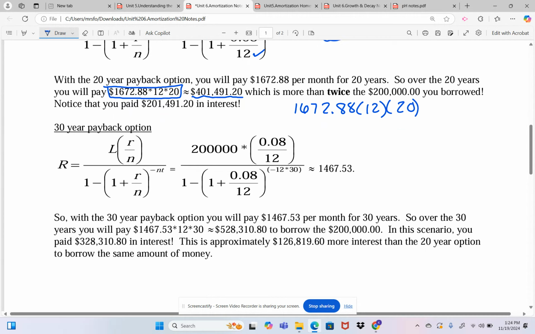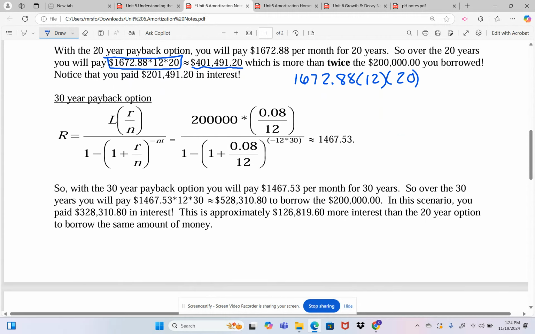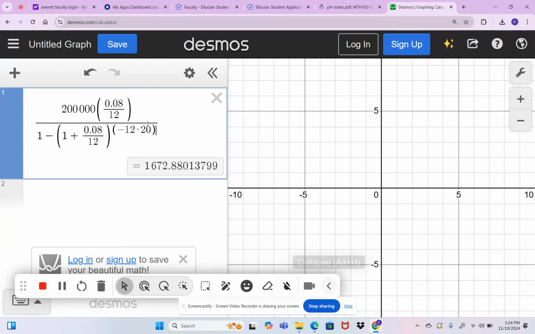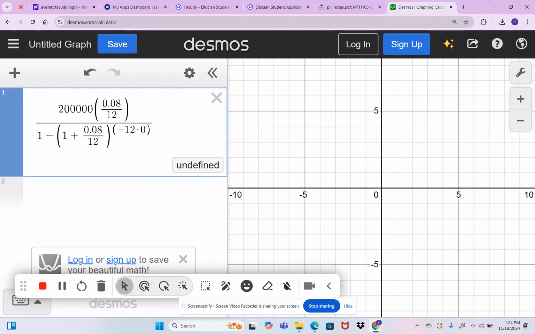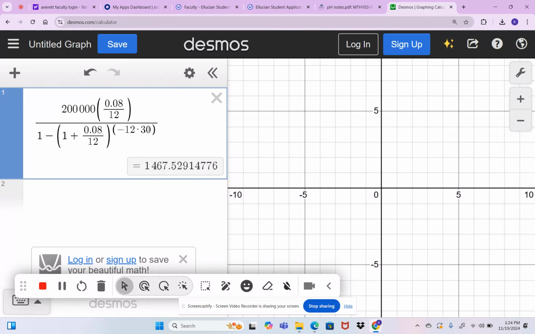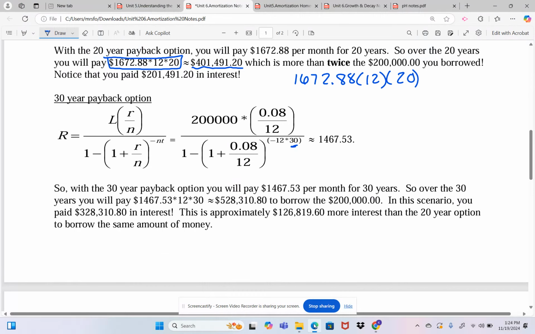Now, what about if we did 30 years? The only number that's going to change here is the T. So in Desmos, the only thing we're going to change is the T. And in this case, what do you notice about our monthly payment?